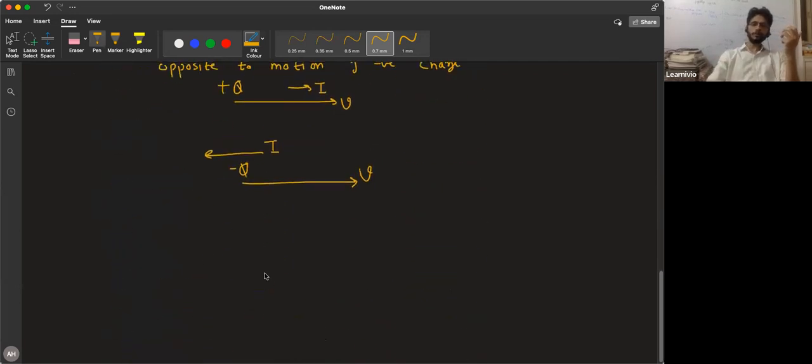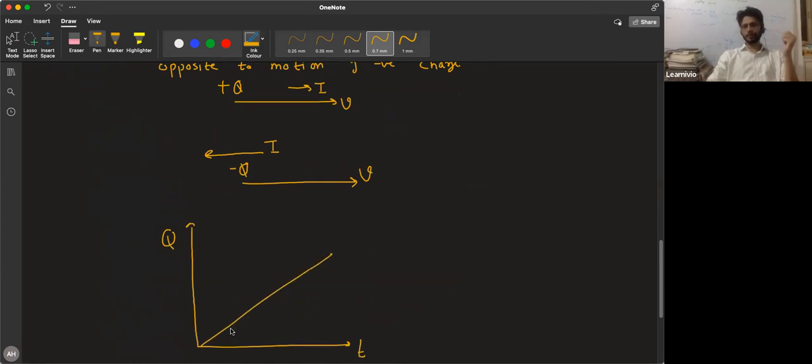Now, if I plot q versus time graph, this is time and this is charge. Say the graph is a straight line. This angle is theta. If I ask you to calculate the slope of the graph, how to calculate it, Mehraj?